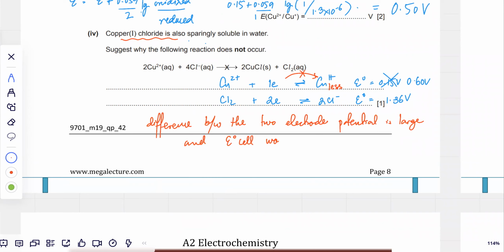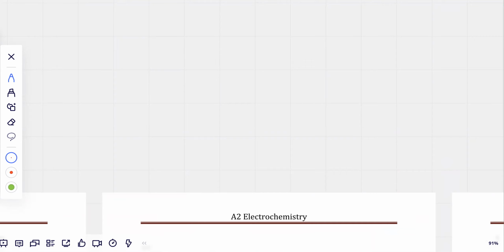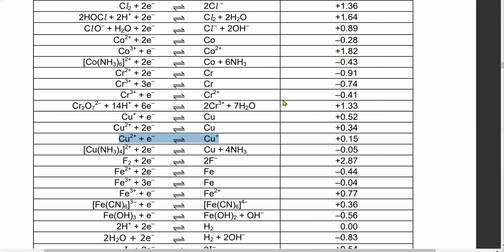So I'm just going to do a few more examples. Let's take two equations which are kind of similar, having similar potentials.